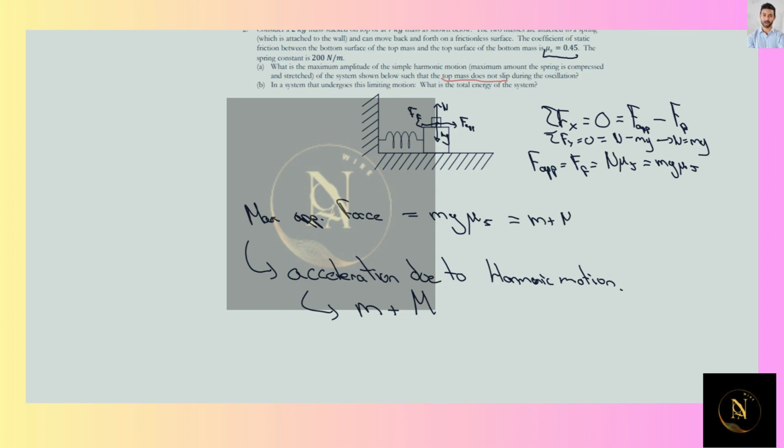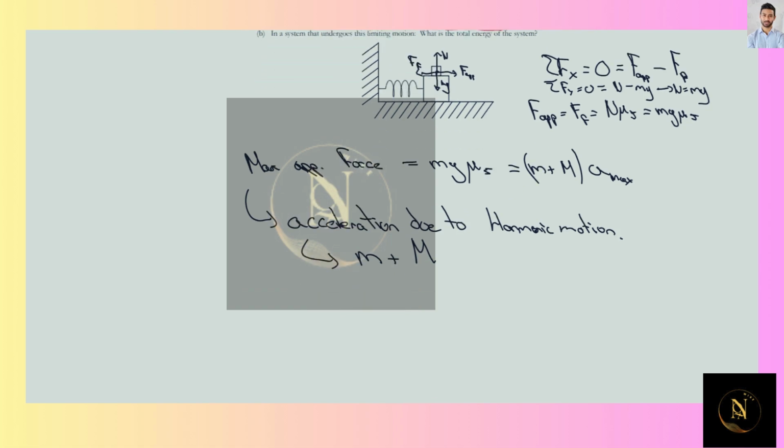But this maximum applied force can come from the acceleration due to the harmonic motion. In this case, the harmonic motion involves both of the masses, so I'm going to label them m plus M. This max applied force is going to be equal to m plus M times the maximum possible acceleration.